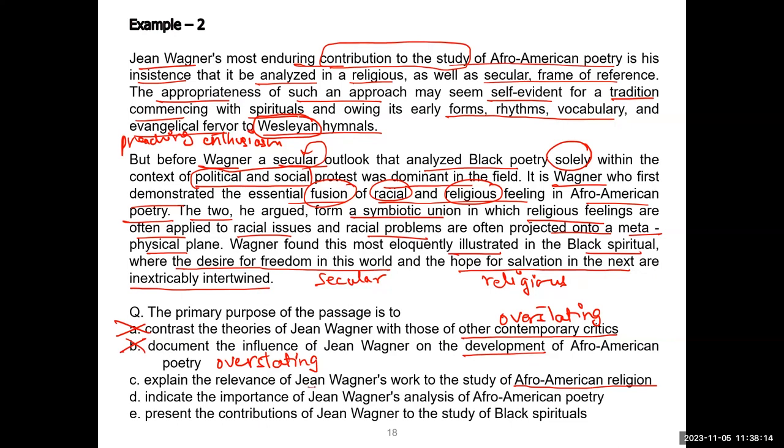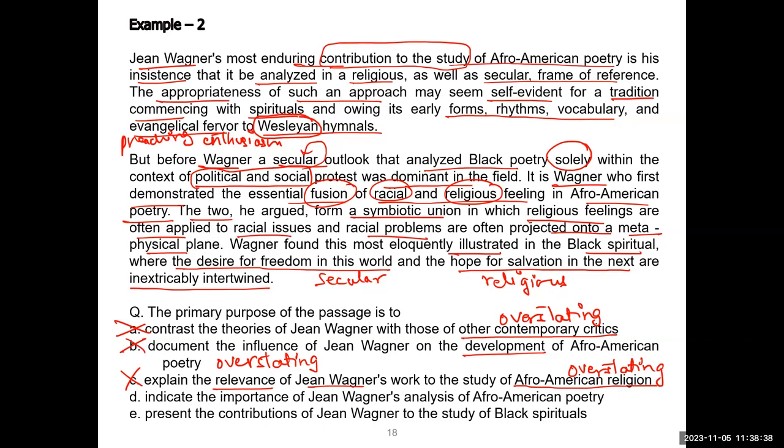Did John Wagner also study Afro-American religion? We don't know. To know whether his work is relevant to Afro-American religion or not, we will need information from outside the passage. And that is why this option is also overstating the main idea.